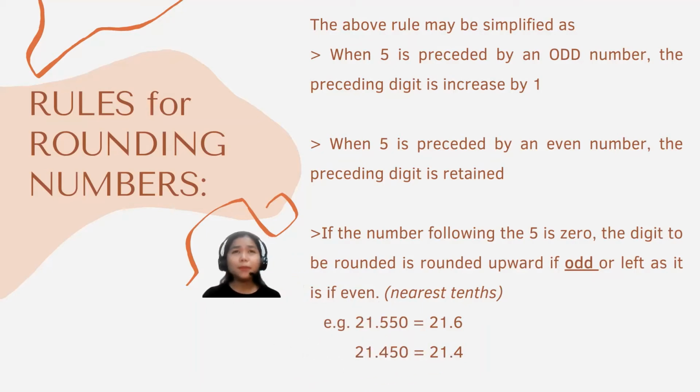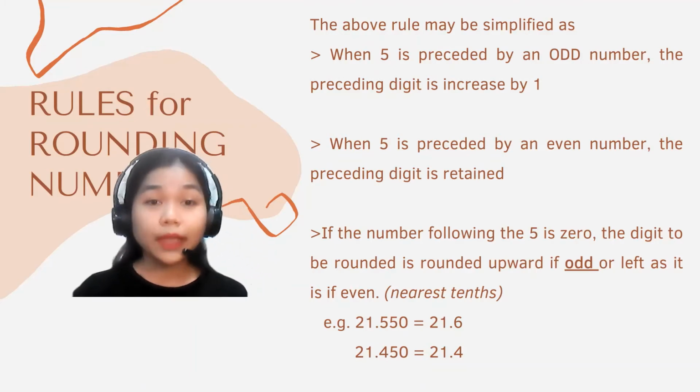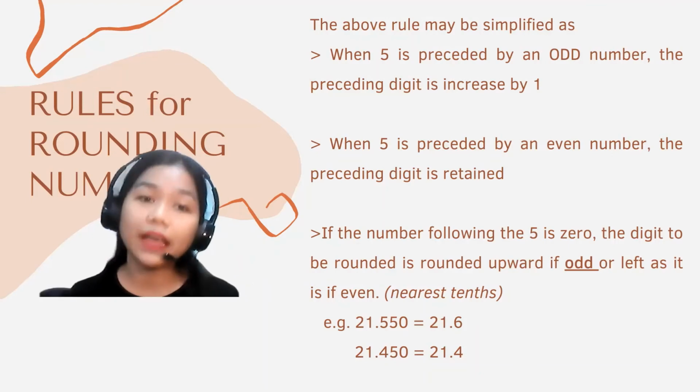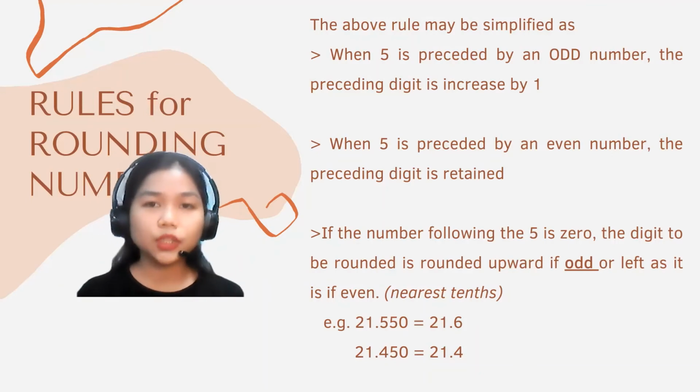Remember in your high school days, when you aim to become an honor student, and for you to become an honor student, you need to get a grade of 85 and above. And then what happened was your grade in mathematics was 84.45. And then you would ask your teacher, Ma'am, can you please make it 85?